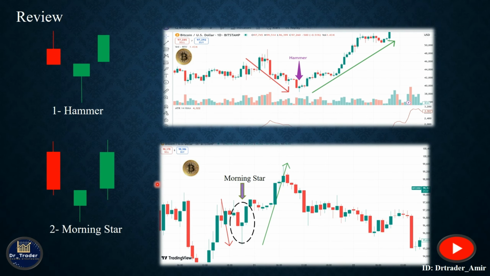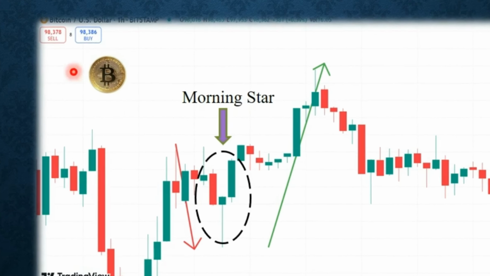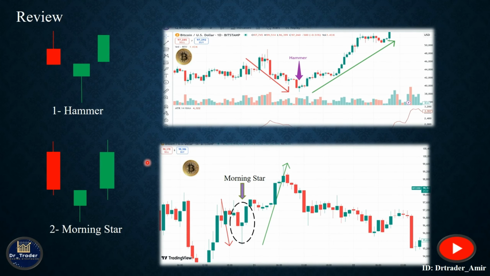This instance is also from the Bitcoin market, and we can see that at first there was a downtrend and the price decreased from approximately $97,000 to less than $95,000, and suddenly the market saw this morning star candlestick pattern.